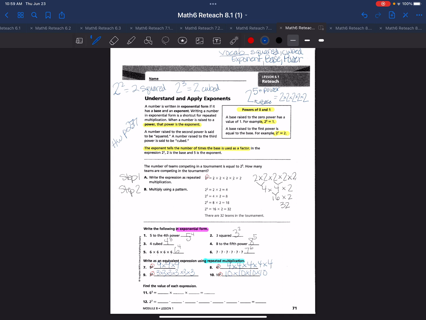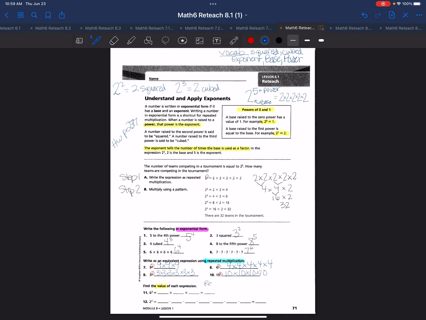And to the last section, find the value of each expression. I'm finding the value. That means I have to solve each of these. So 6 to the 3rd power, I am going to be doing repeated multiplication here.